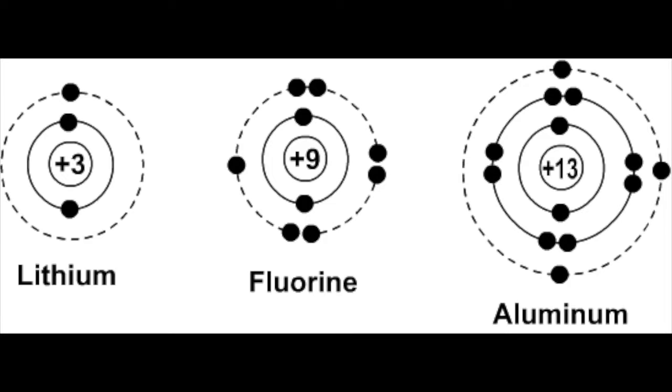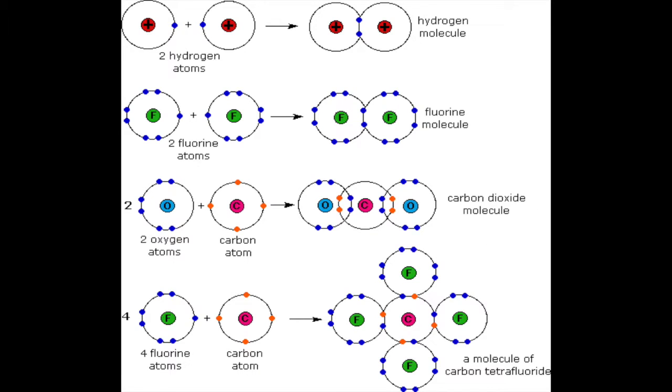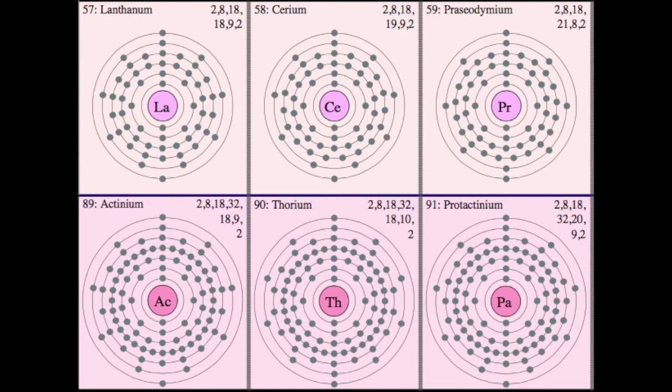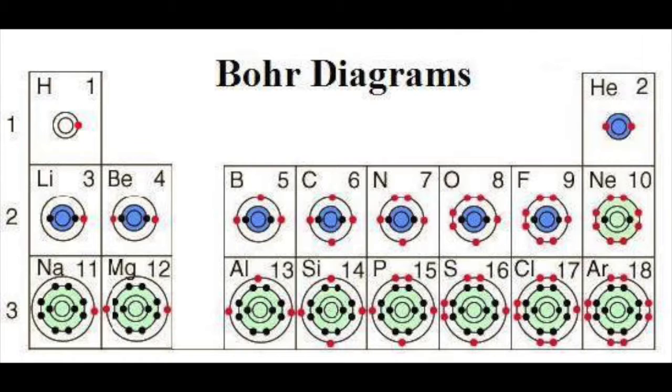The Bohr model of electron arrangement. Bohr developed his model of the atom to explain the line spectrum of hydrogen, but it was soon extended to other elements. Scientists drew Bohr diagrams to represent the electronic structure of elements. In these diagrams, the symbol of the element is written in the center to represent the nucleus of the atom.